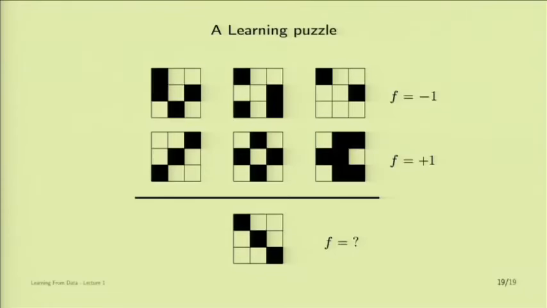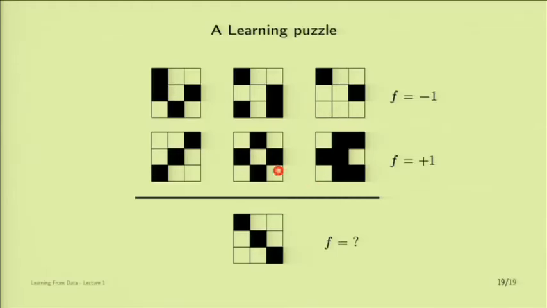For example, if you take the function to be +1 if the top left square is white, then this should be -1, right? If you take the function to be +1 if the pattern is symmetric, okay?